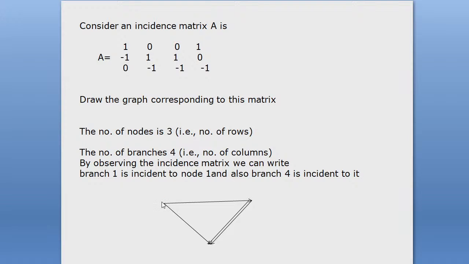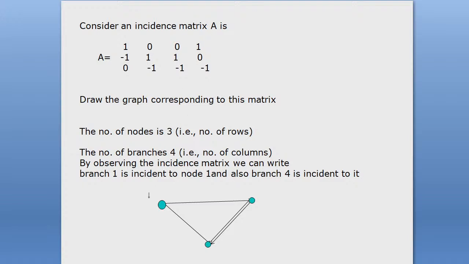Number node 1, node 2, and node 3. Okay, and you write branch.